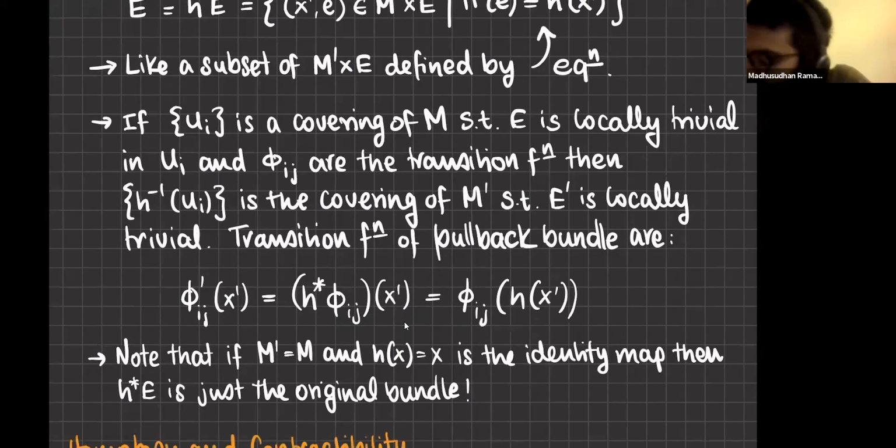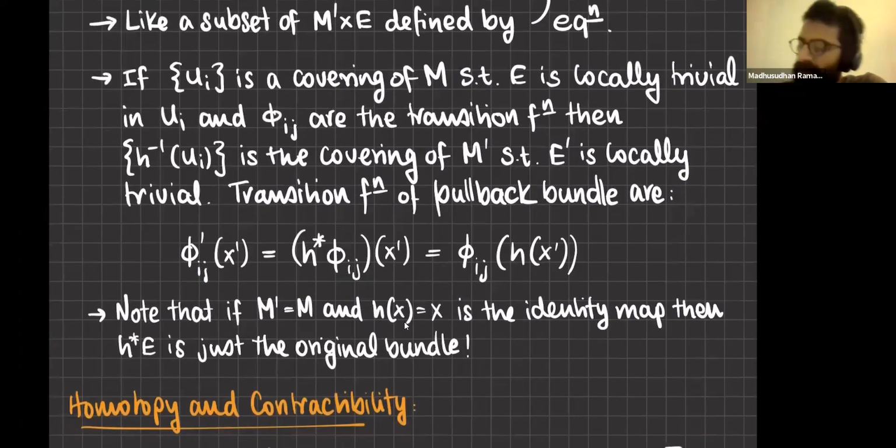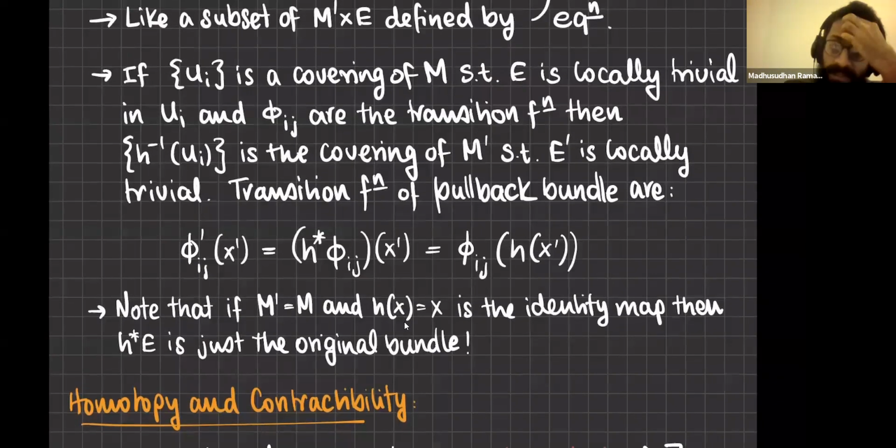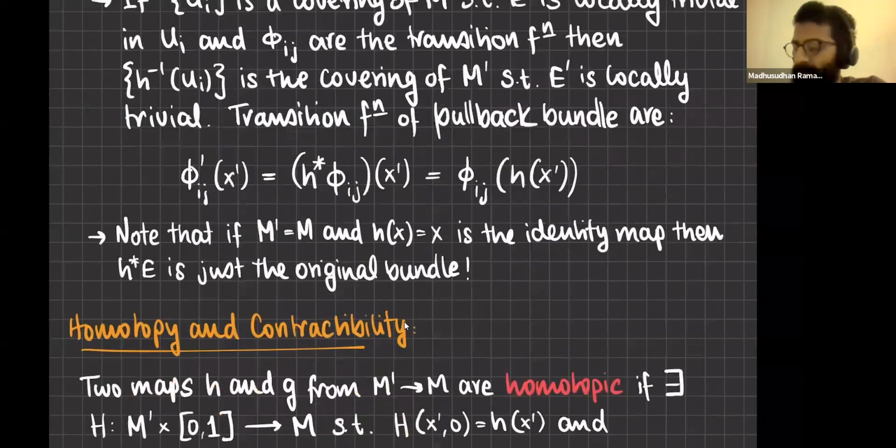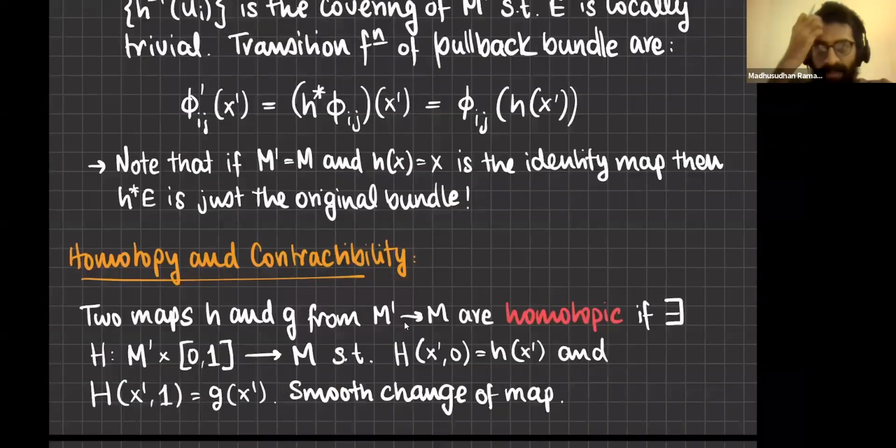Okay, cool. So now we're going to come to a new definition. We have the notion of homotopy, which is also something that some of you may have heard of.